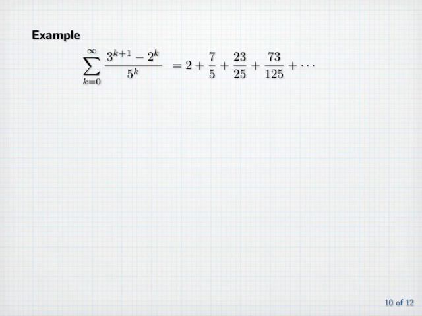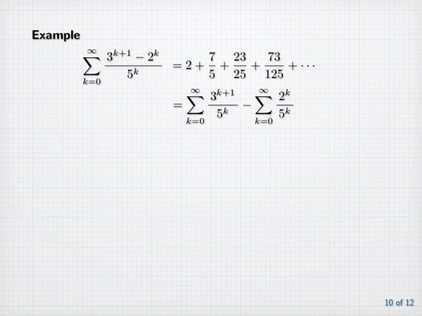And so the series may be broken up into two terms as the sum from k equals 0 to infinity of 3^(k+1) over 5^k minus the sum from k equals 0 to infinity of 2^k over 5^k. Now let's factor 3 from the first series here, and we have 3 times the sum from k equals 0 to infinity of (3/5)^k minus the sum from k equals 0 to infinity of (2/5)^k.